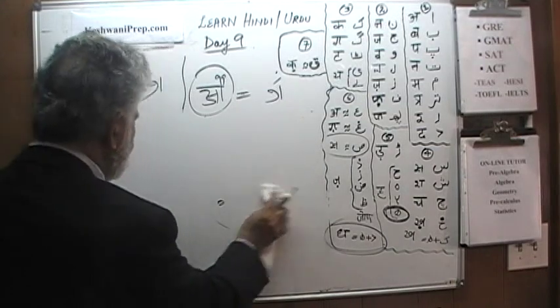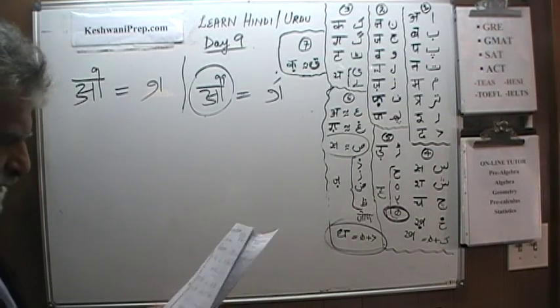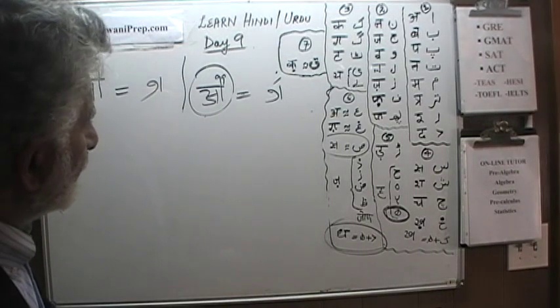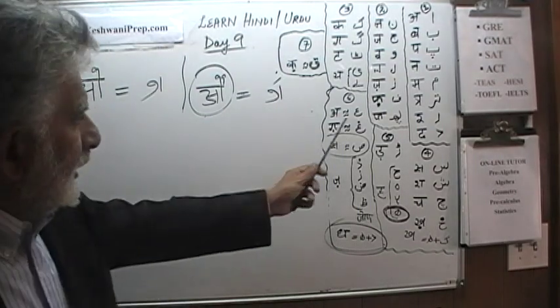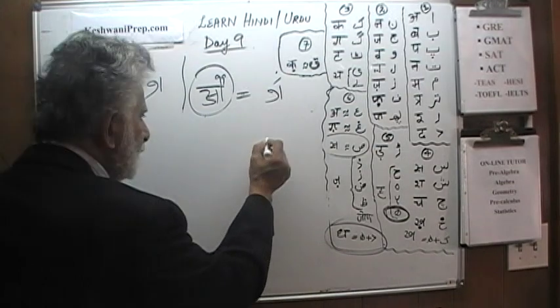Let's do another pair. Here is the next letter we're going to learn. Well, we learned it before, we're going to reintroduce it. Gaf makes a G sound. So in Urdu we have two Gs.